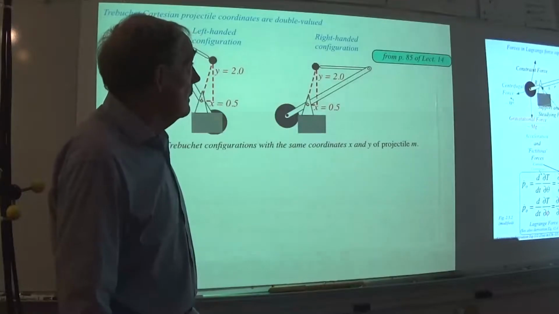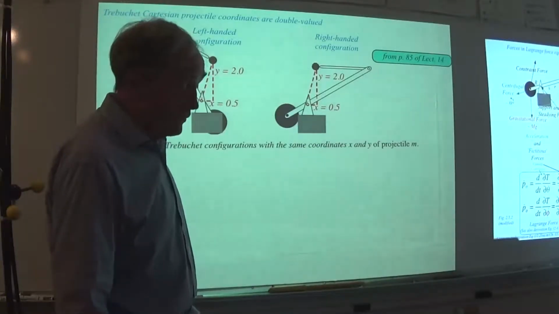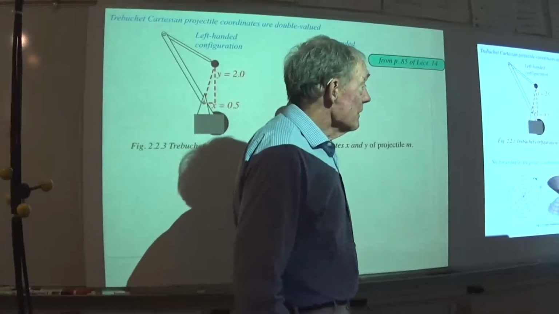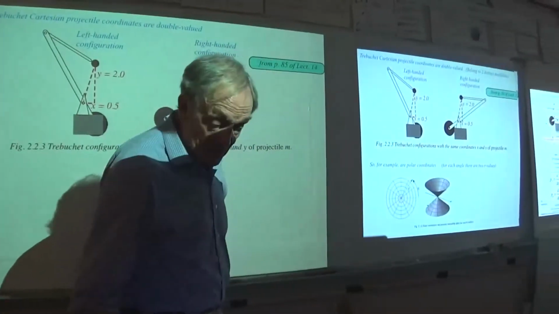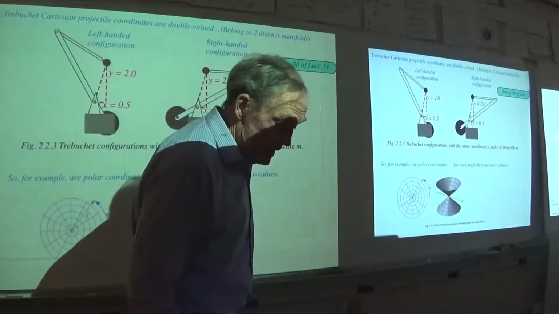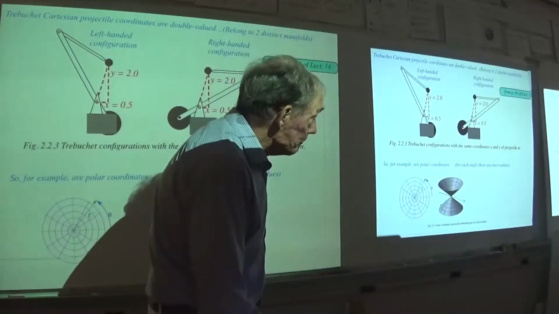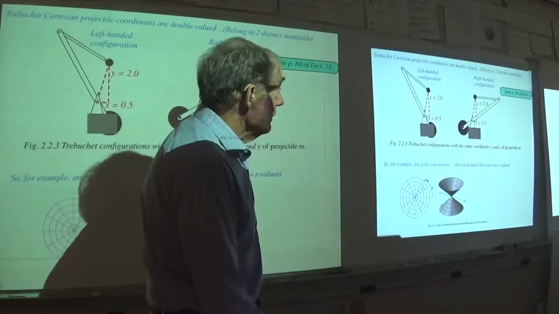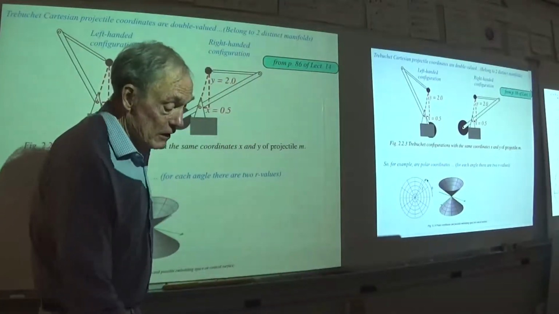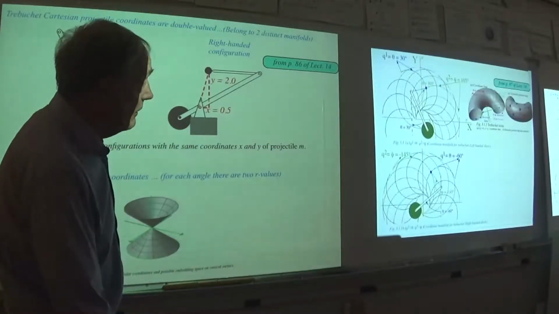Okay, so let's recall again the sort of coordinate systems that we're dealing with here. They are 2 to 1 valued, that is multi-valued, bi-valued, and that means that we have a funny kind of torus on which all of the motion takes place.